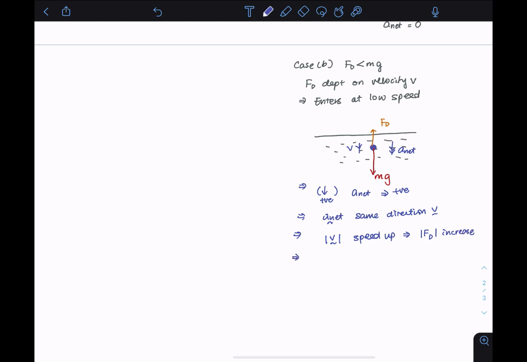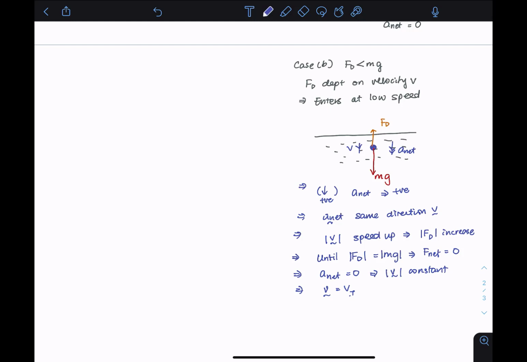It's going to keep increasing until the drag force is equal in magnitude to the weight. When that happens, my net force acting on the object is 0, and hence the acceleration of the object will be 0 and the velocity becomes constant.